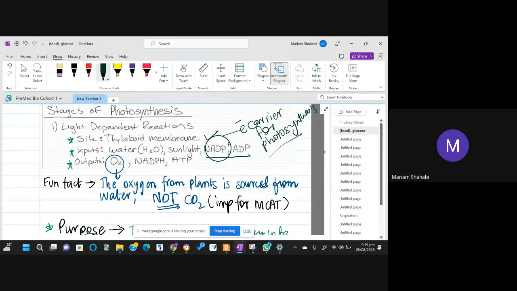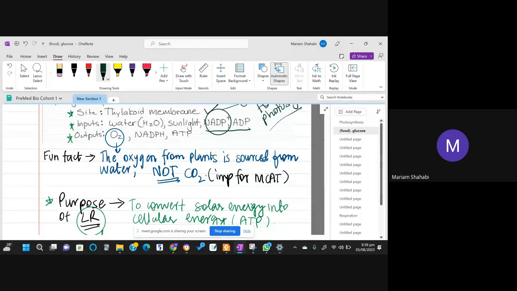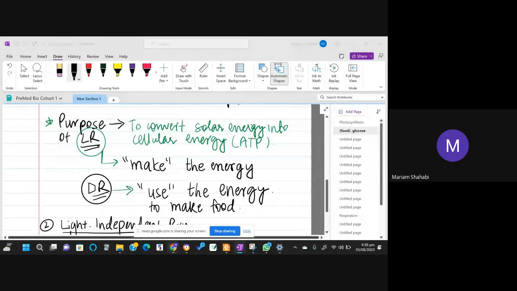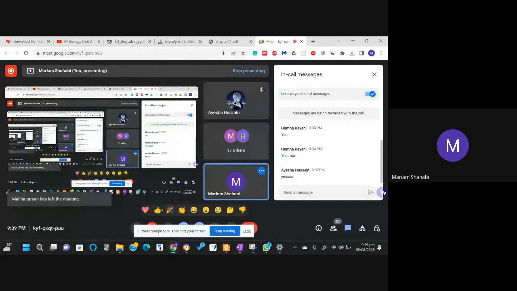Also one more thing you should remember is the oxygen that we get in the light dependent reaction comes from water and not from CO2. This is asked in MCQs a lot, where does the oxygen come from. Does anyone have any issues so far?